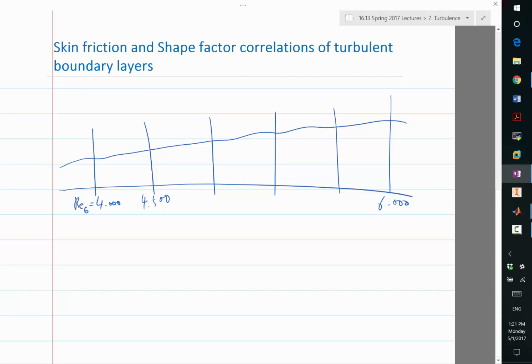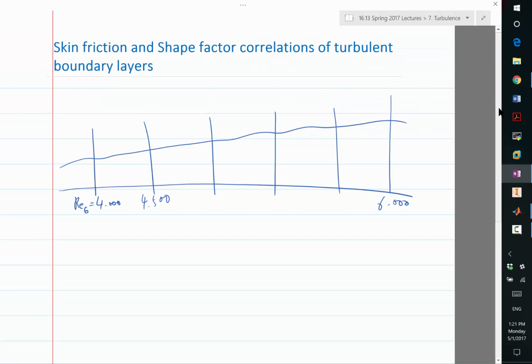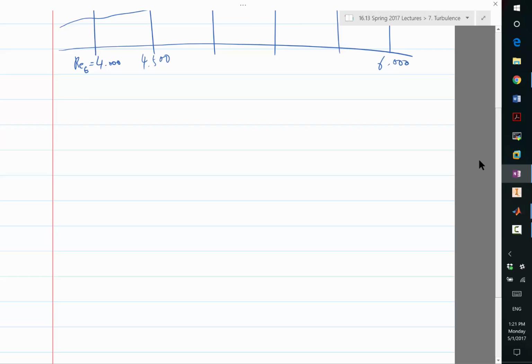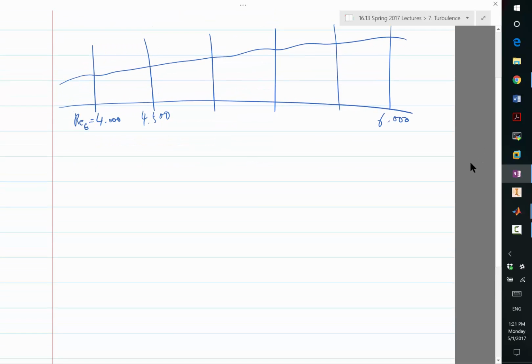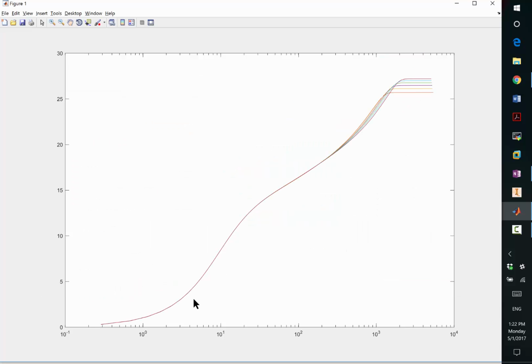This assumed profile works in the same way as the Falkner-Skan solutions in the laminar boundary layer case, but instead of coming from a numerical solution of a PDE, it comes from correlations or function profiles that are fit against the outer profile over here and the inner profile like this over here.